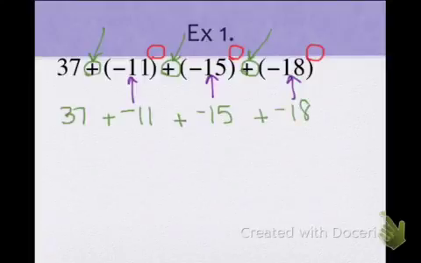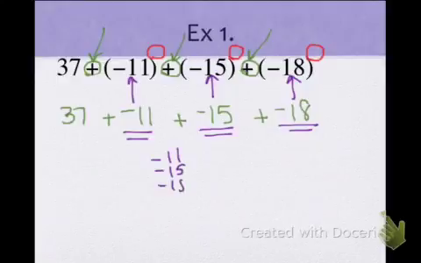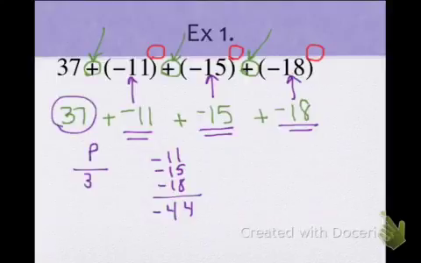Now, because the sign of a term is in front of it, what I'm going to do at this point in time is, again, because I don't like to subtract, group all of my negative numbers together. I'm going to add all of these up, negative 11, negative 15, and negative 18, to get one number of negative 44. Once I have that one negative number, the only positive I had was this 37.